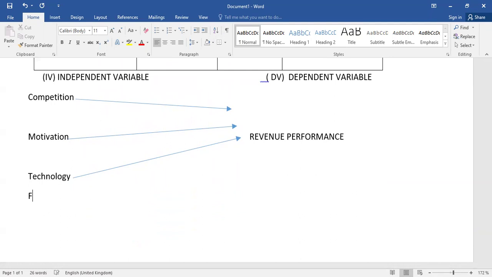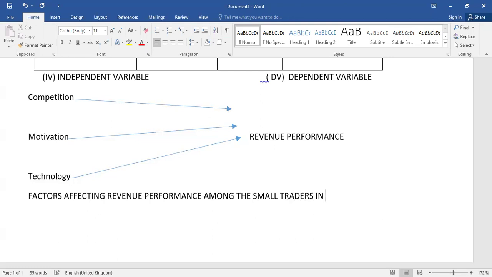Now I can say factors affecting revenue performance. Now, these traders, let's call them small traders. So, factors affecting revenue performance among the small traders in Nairobi, Kenya, this becomes our location.